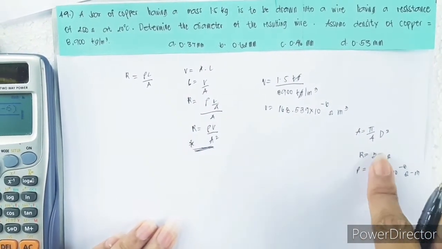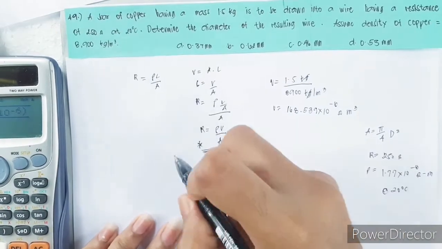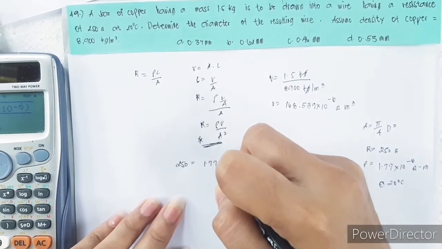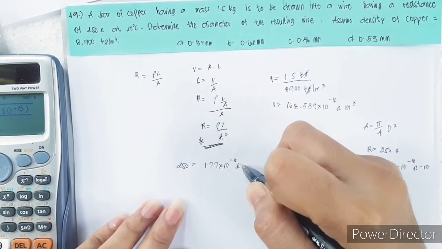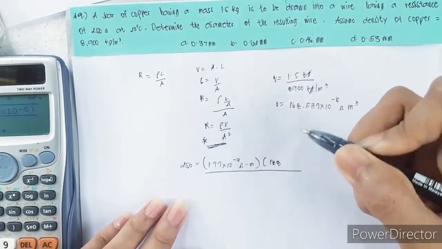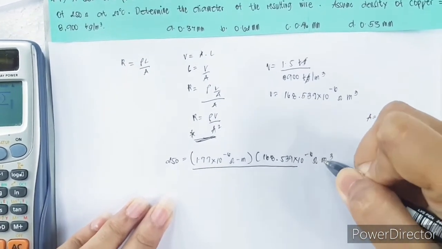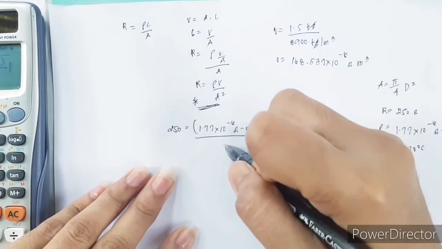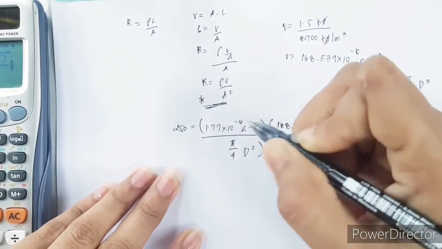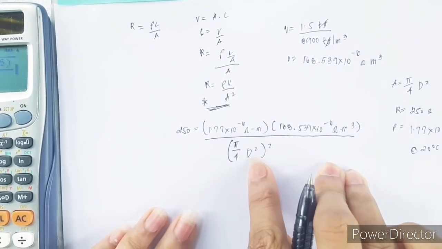So, let's substitute the given values to the formula. So, R is equals to 250, 1.77 times 10 to the power of negative 8 ohm meter, 168.539 times 10 to the power of negative 6 meter cube over the formula of the area, pi over 4 d squared. And then, from this, you can now find the diameter.